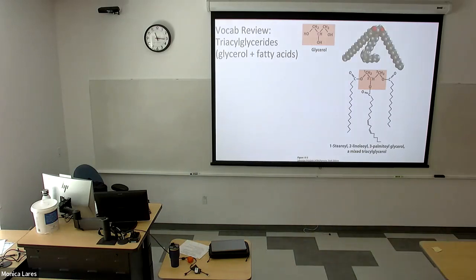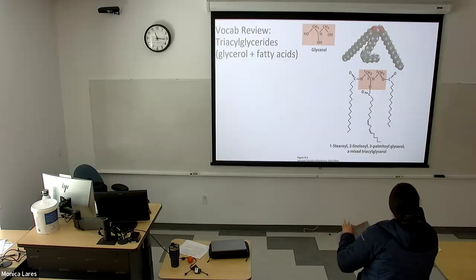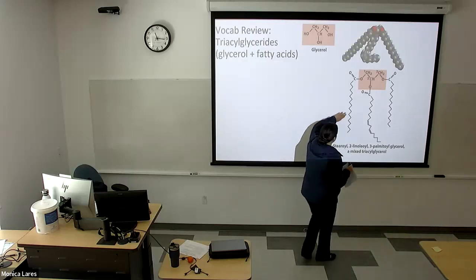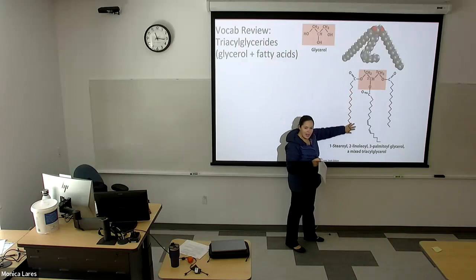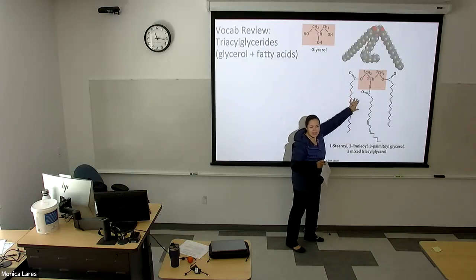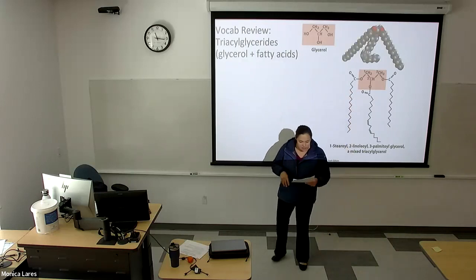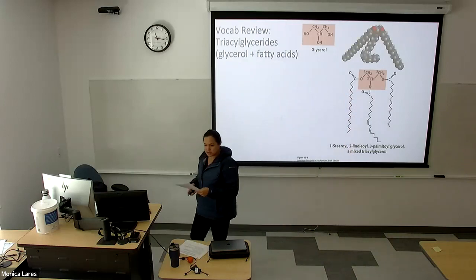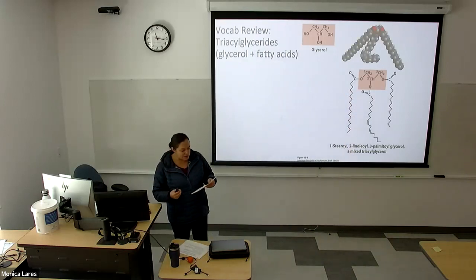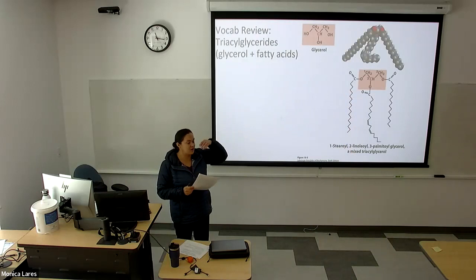We said that was the most oxidized form of carbon, with 4 bonds to oxygen, 2 double bonds to 2 oxygens. Now, this is a highly reduced structure. There are lots of electrons stored in here. So triacylglycerides are really suitable for storage. We can extract a lot of electrons out of there to make ATP.